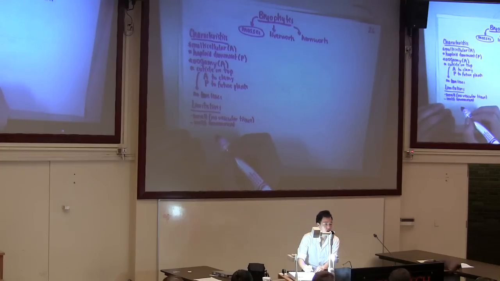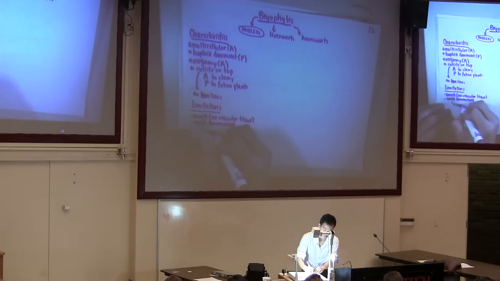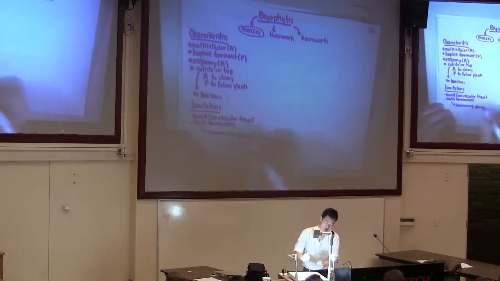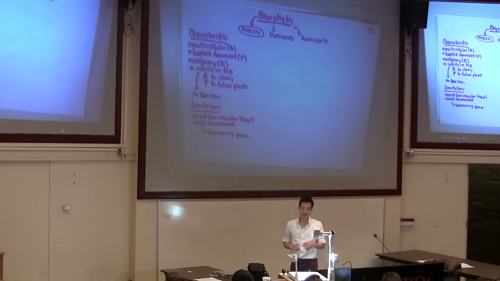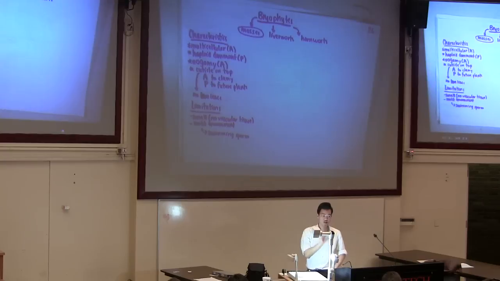Why? Because they have swimming sperm. Okay? And again, make sure you can differentiate each of these groups, right? So pay attention to what each group has and be able to compare it to the group before and the group after, okay? Okay, so now let's talk about the life cycle.